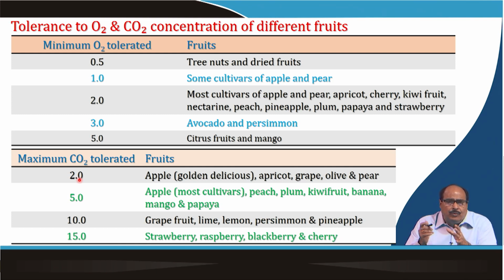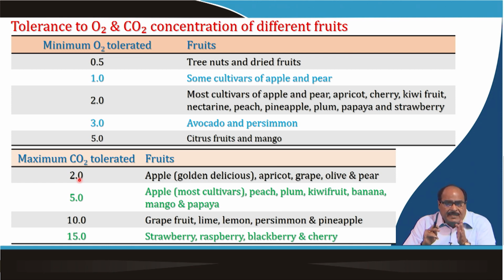The minimum O2 tolerance limits for selected fruits: 0.5% for tree nuts and dried fruits; 1% for some cultivars of apples and pear; 2% for most cultivars of apple, pear, apricot, cherry, kiwi fruit, peach, pineapple, plum, papaya, strawberry etc.; 3% for avocado and persimmon; and 5% for citrus fruit and mango.